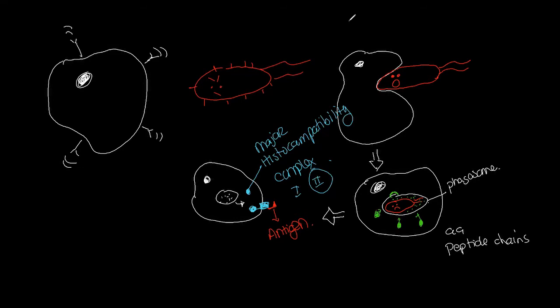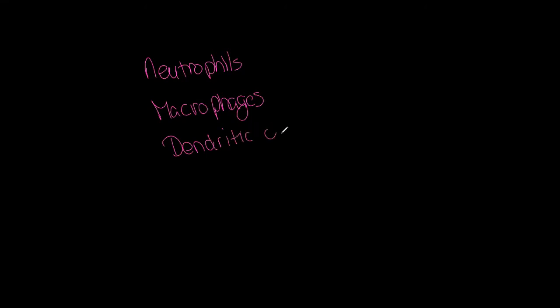So we have different types of phagocytes. We have neutrophils, macrophages, and dendritic cells. This is not to be confused with nerves and dendrites.